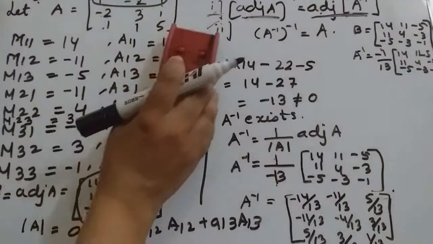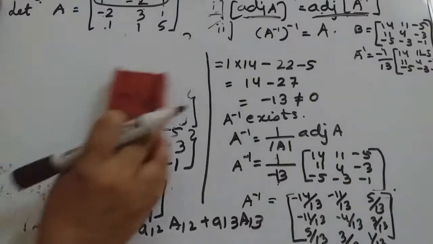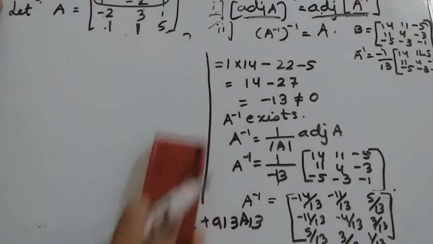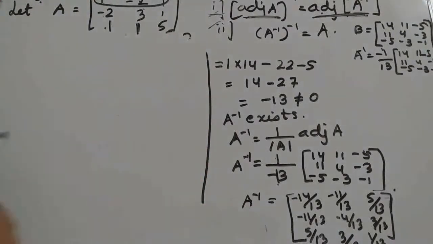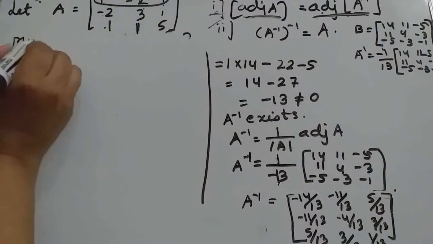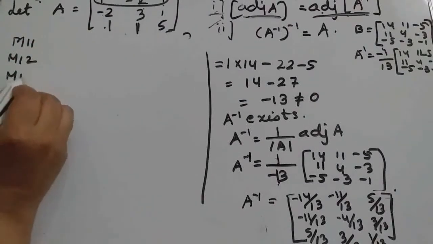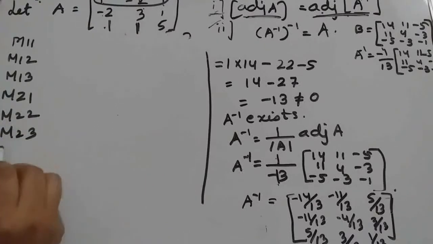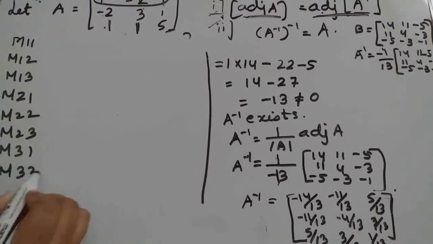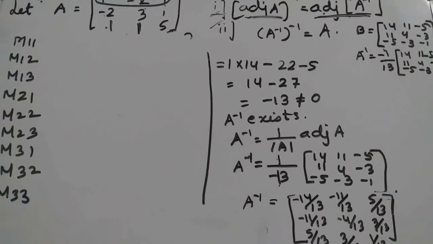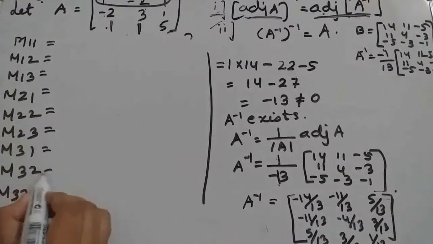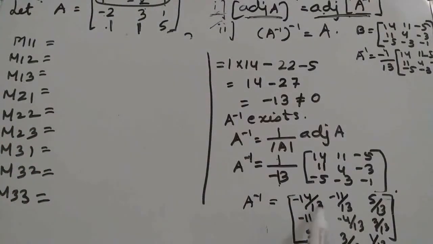Now we'll find minors and cofactors of A inverse. So M11, M12, M13, M21, 22, 23, 31, 32, 33. Now for this matrix, first row, first column delete.